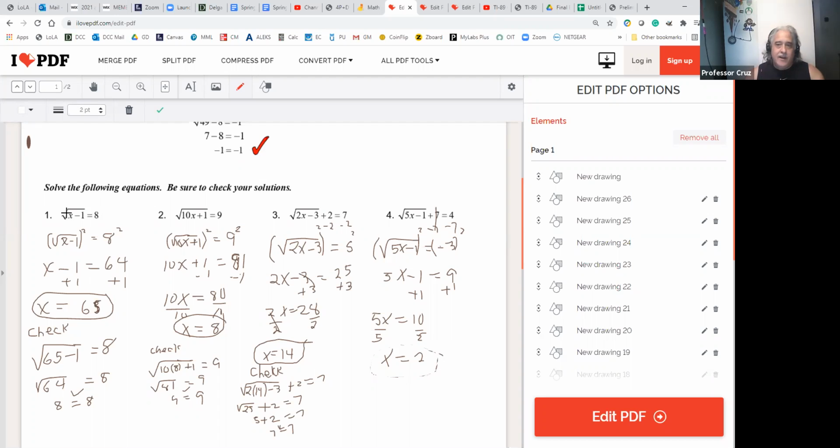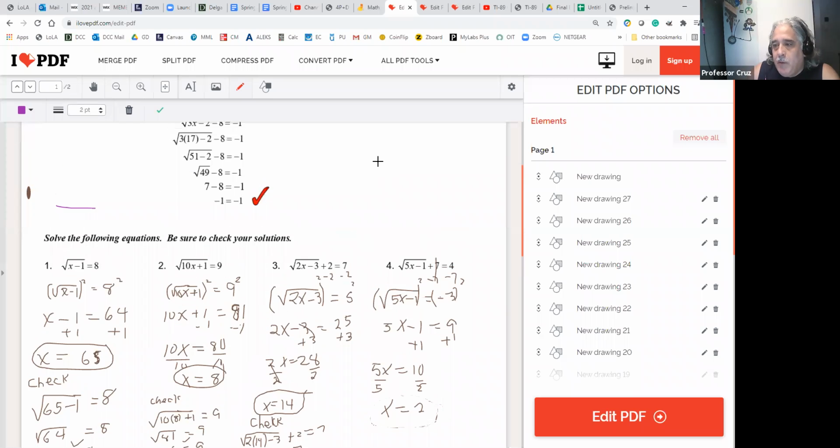The only way we can find out. So I'm going to check it up here where we got more room.